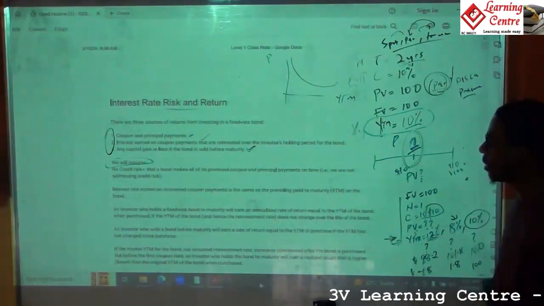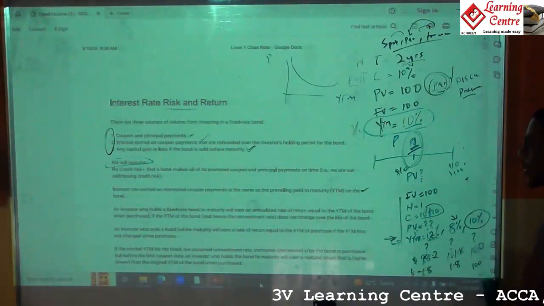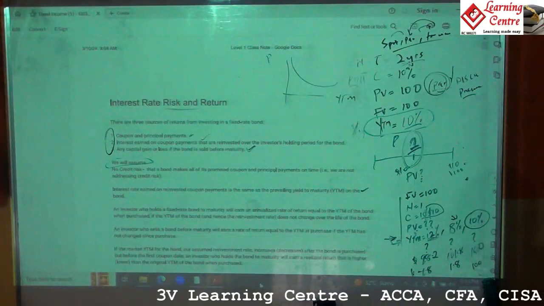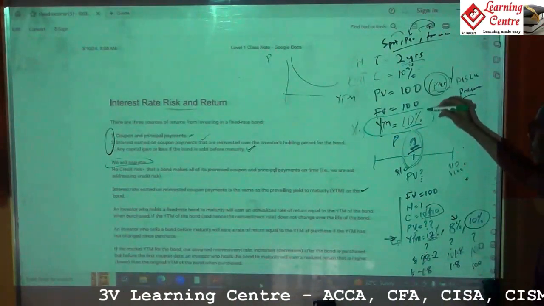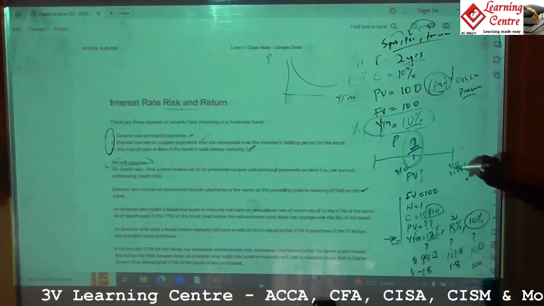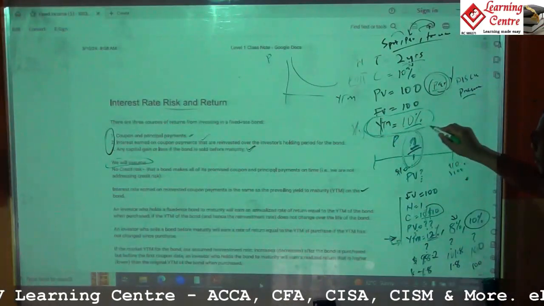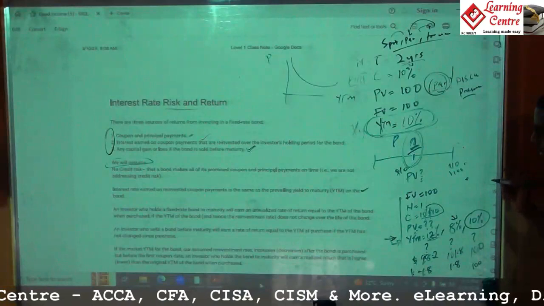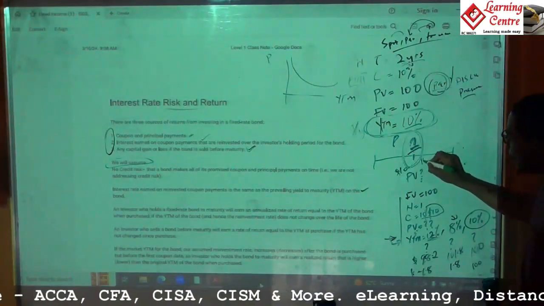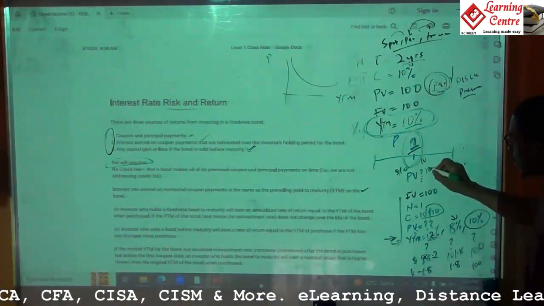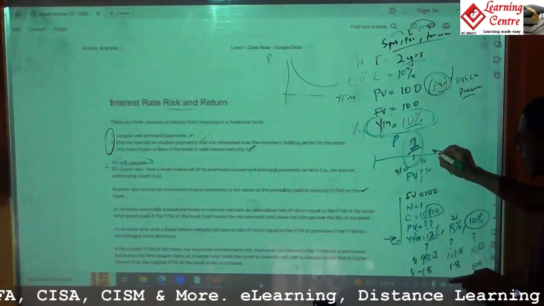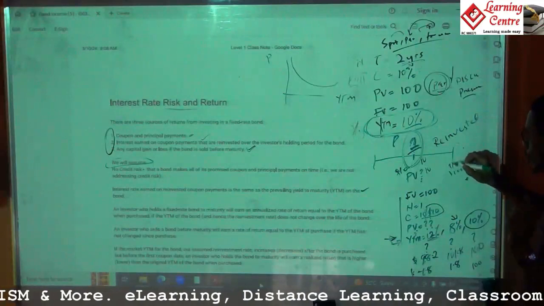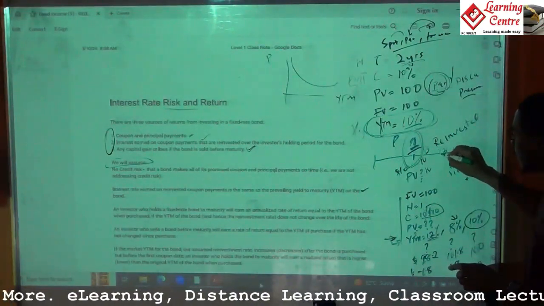Okay, so let's move on. The interest rate earned on reinvested coupons is assumed to be the same as the prevailing yield to maturity, and that's an assumption of the YTM. When we say YTM of 10%, we are also assuming that any cash flow on the bond prior to maturity will, 1, be reinvested, and 2, be reinvested at the YTM.